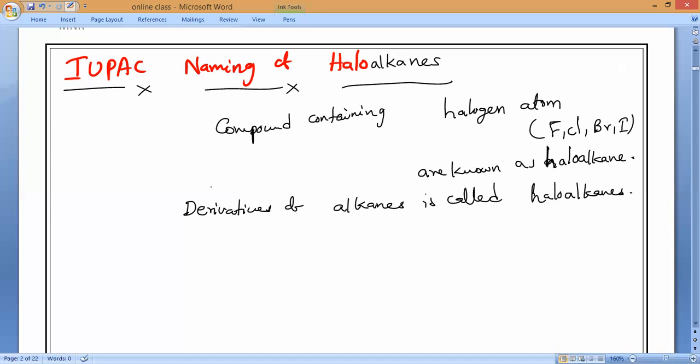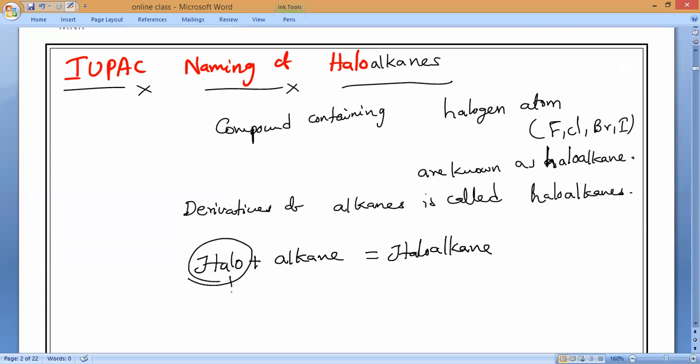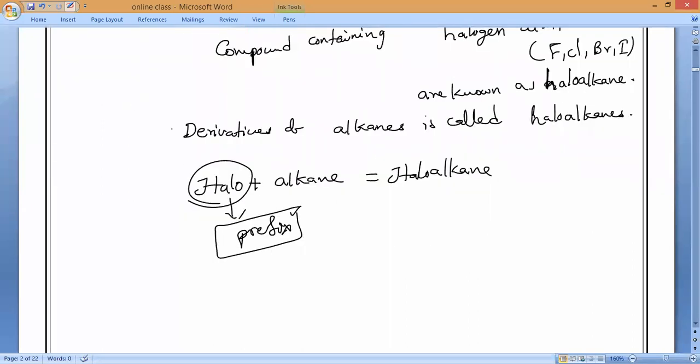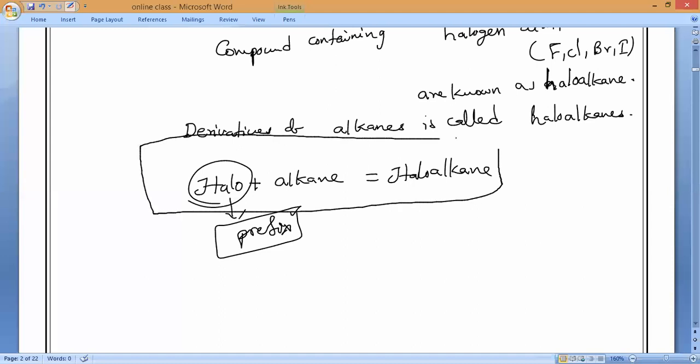This haloalkane is the derivative of halogen: halo plus alkane. So are we going to add a suffix or prefix, everybody? We are going to add a prefix only for haloalkanes. That is what you have to remember. So halo plus alkane, if you combine, we get haloalkane.